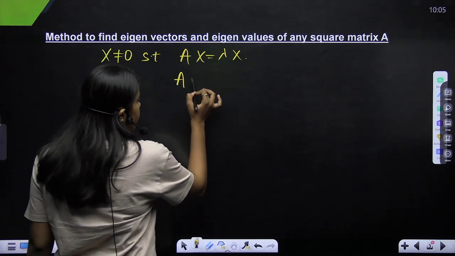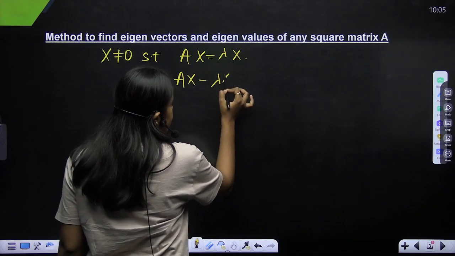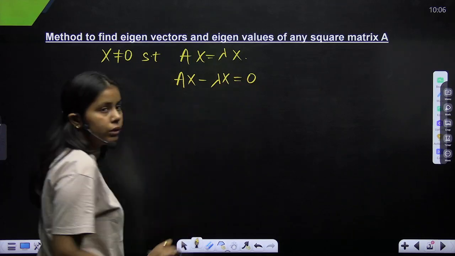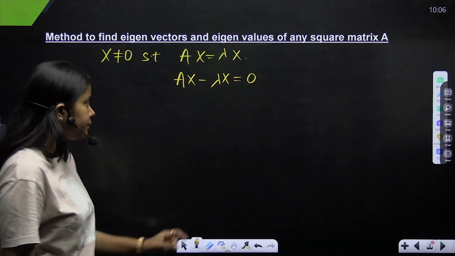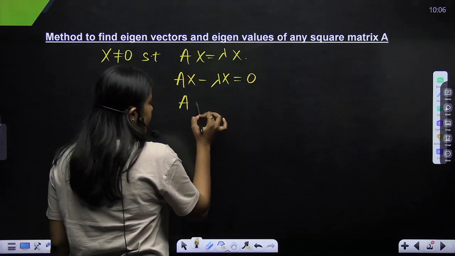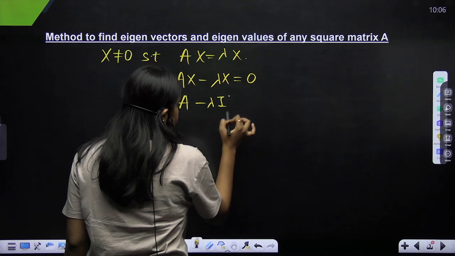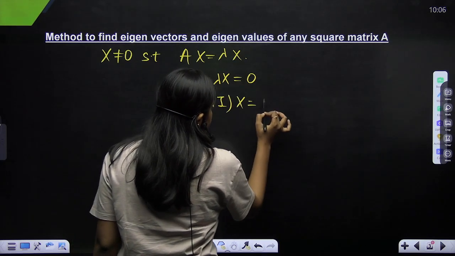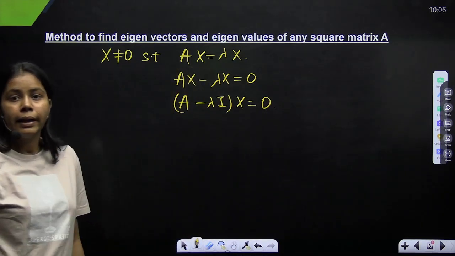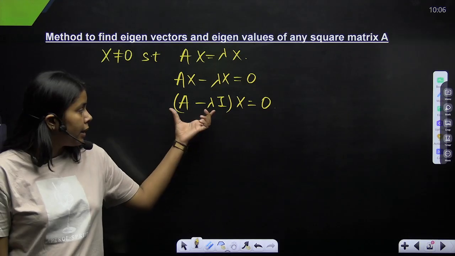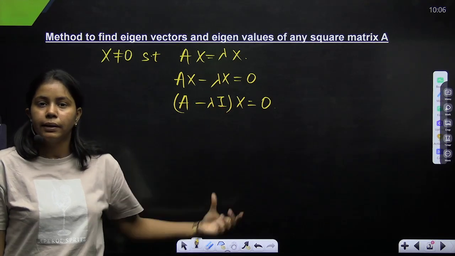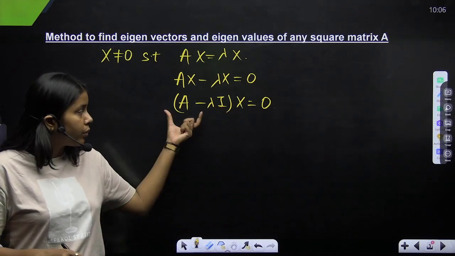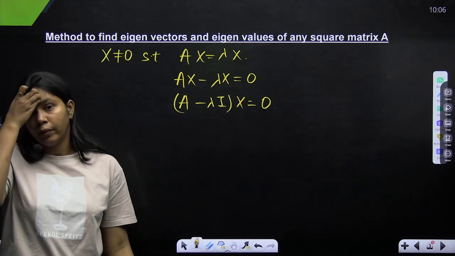I'll write Ax minus lambda x, taking lambda x to the left hand side. Now can I write this as A minus lambda I into x equals 0? It becomes a system of linear equations. But I do not know lambda, so I do not know this matrix, and I do not know this x vector either.